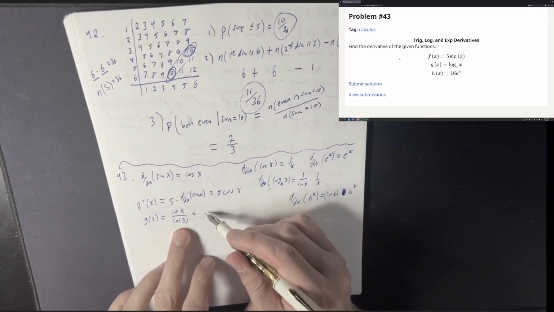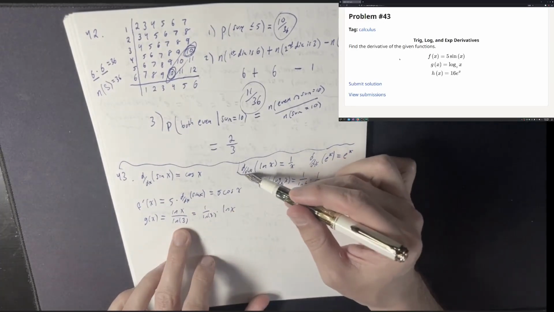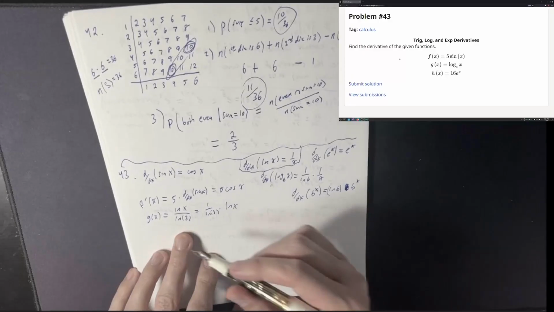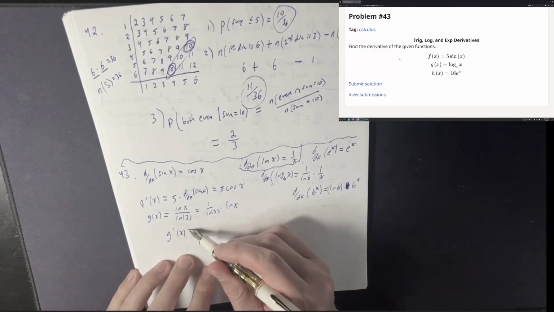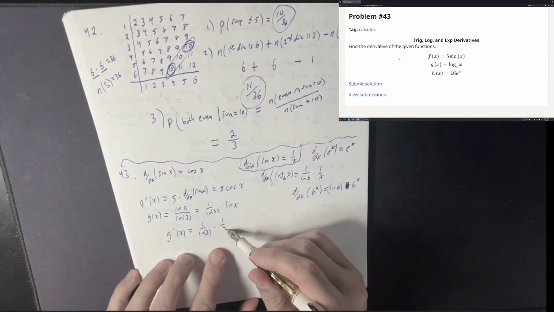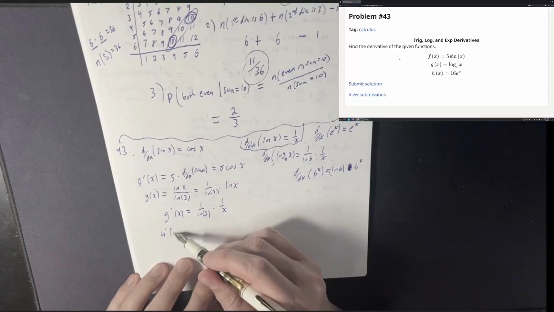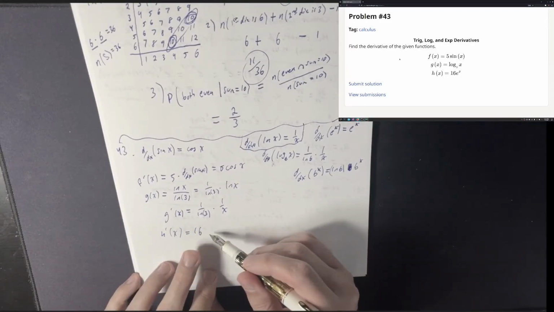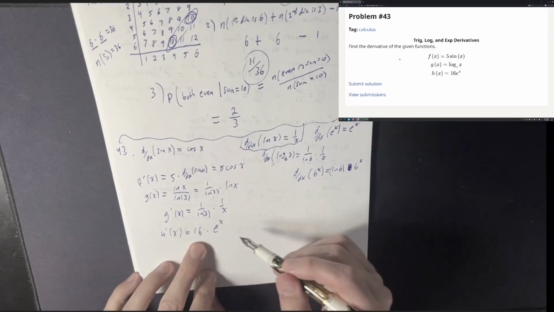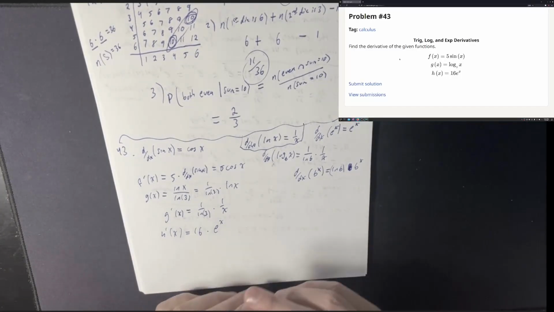So you've got this constant out front times this sort of base case. So anyway, if we wanted g prime, it's going to be this constant times the derivative of natural log. And that's my answer on that one, g prime. And then h prime is also another easy one, constant times the derivative of e to the x. And it is its own derivative, so we just get basically the same thing back.